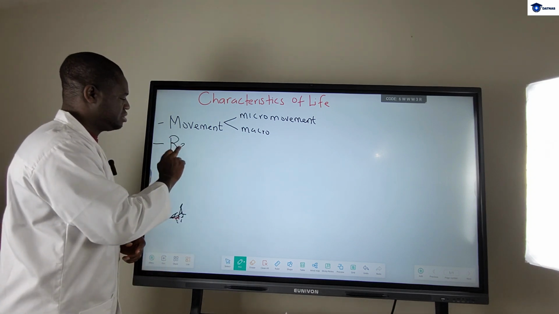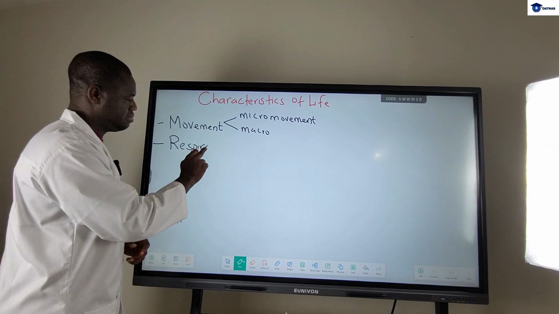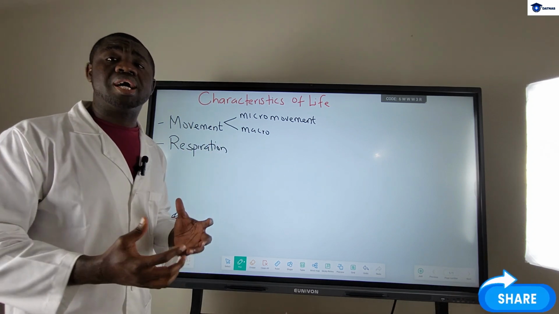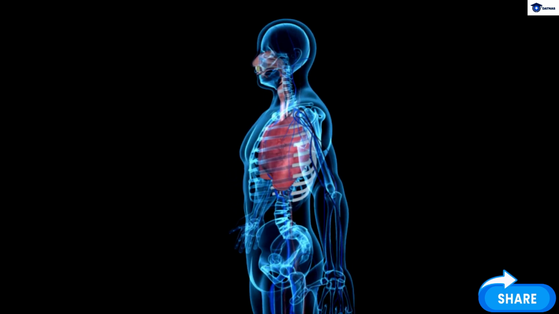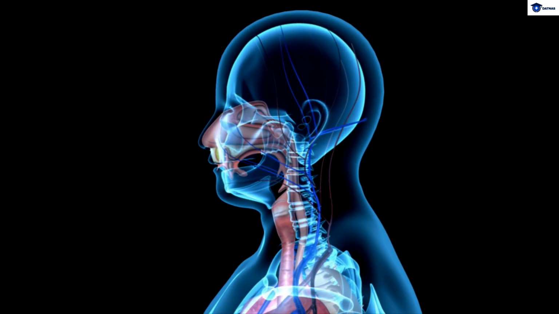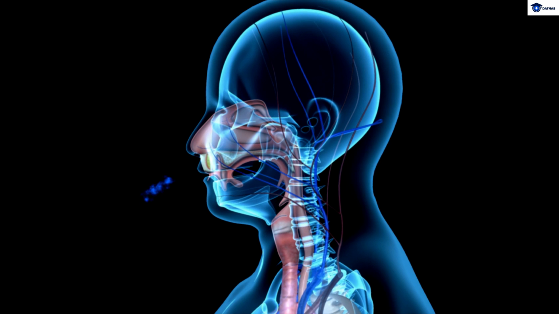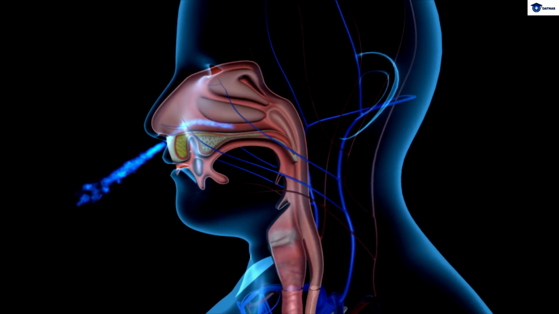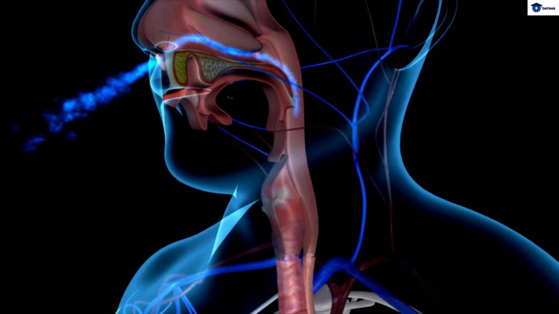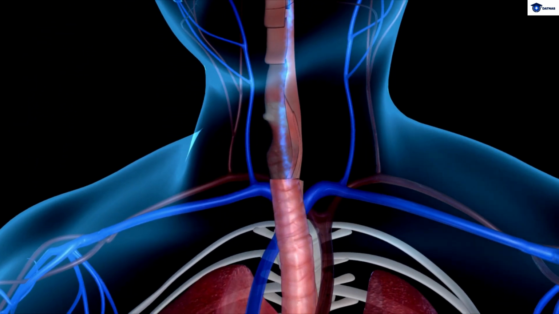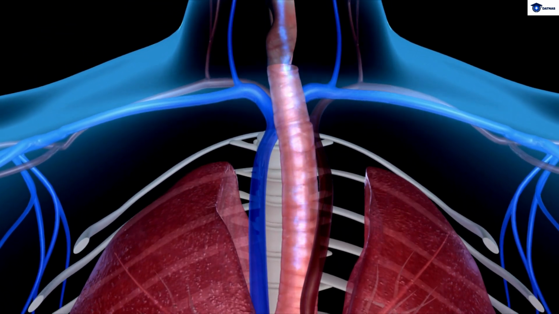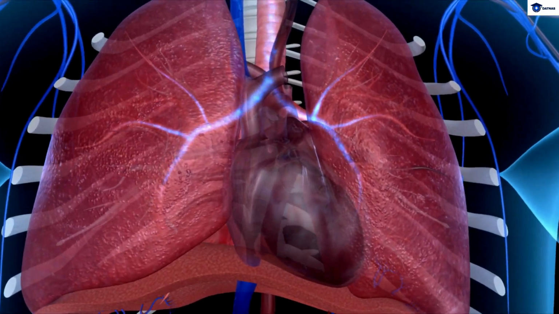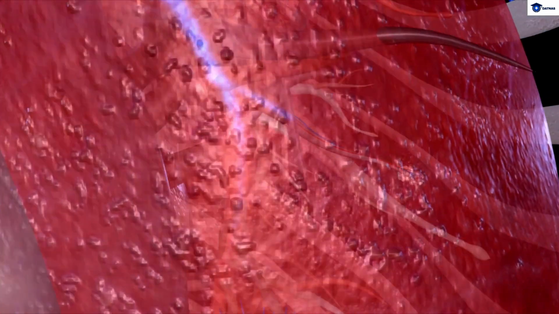Respiration is another evidence to show that man is alive. But respiration cannot occur without movement. The breathing in and breathing out is brought by the contractions of the muscles in the chest.